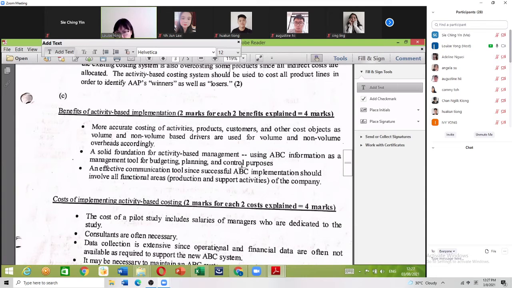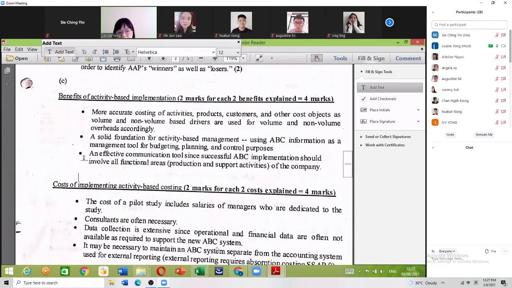Because it is more accurate, we can use it for budgeting, planning and controlling. Any 2 benefits will do. The third is effective communication tools. If you implement your ABC in your organization and your costing accuracy is very good, it means it is very successful for the company. So these are the benefits.